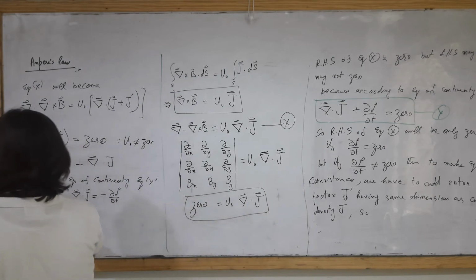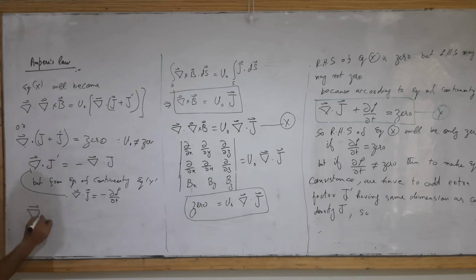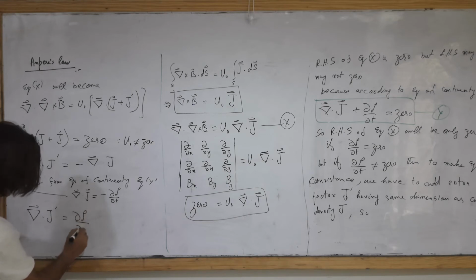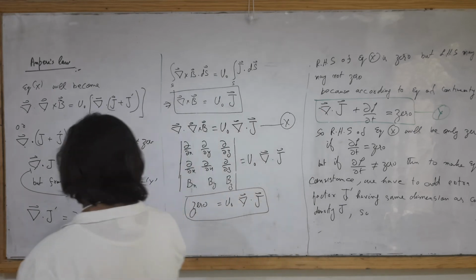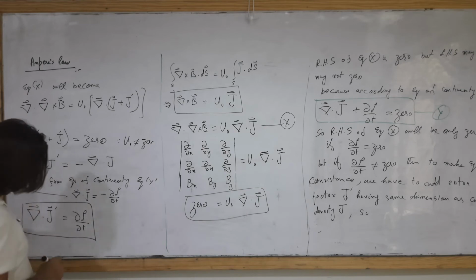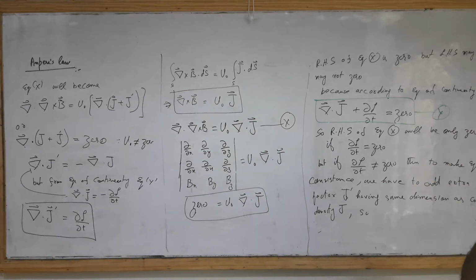Putting this value in, del dot J prime is equal to plus partial rho over partial t.